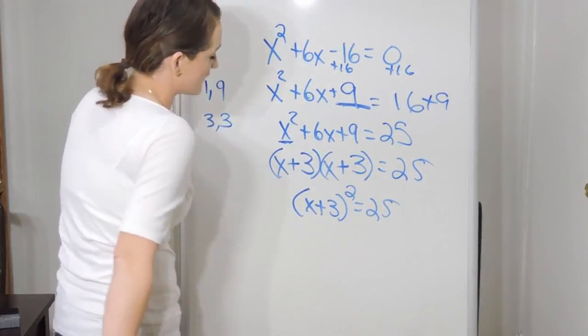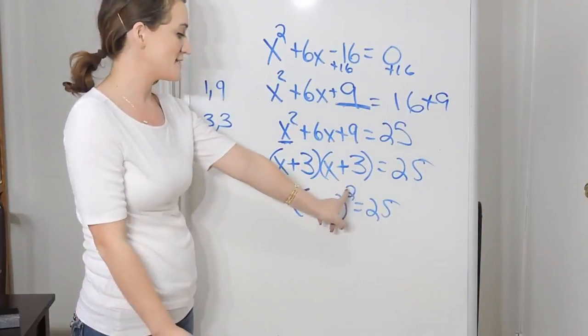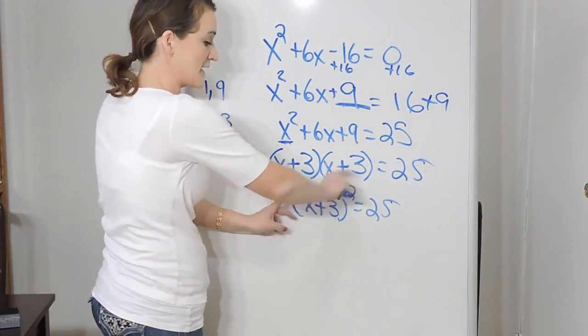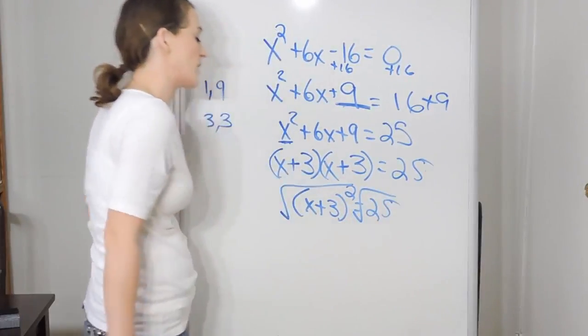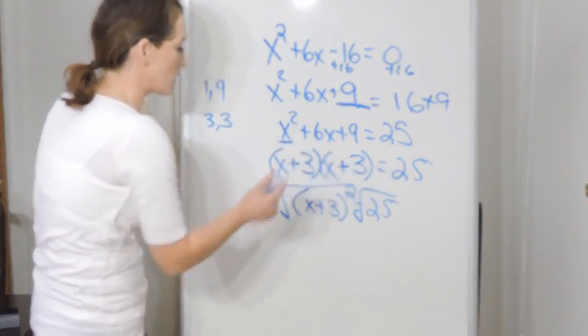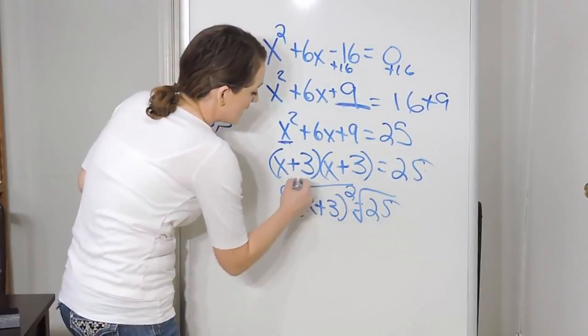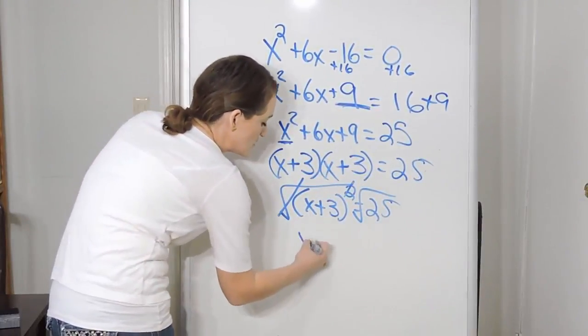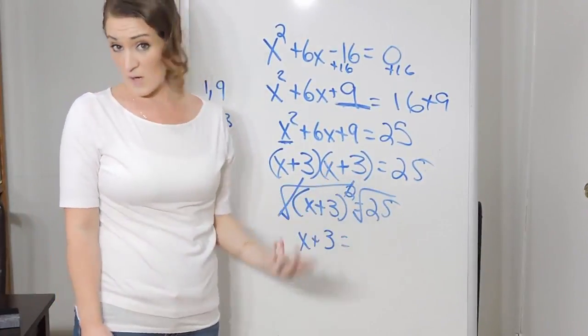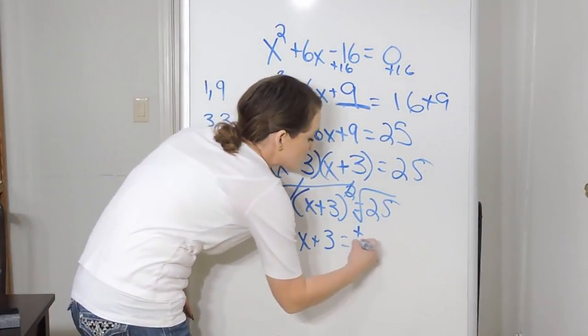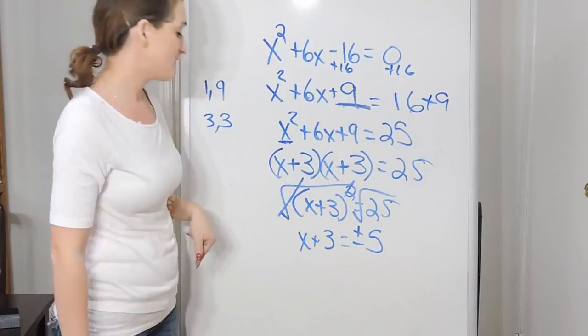In order to solve this problem, we need to get rid of that square first. The opposite of a square is a square root, so I'm going to take the square root of both sides. A square root and a square cancel, leaving me with x plus 3 is equal to the square root of 25, which is plus or minus 5.